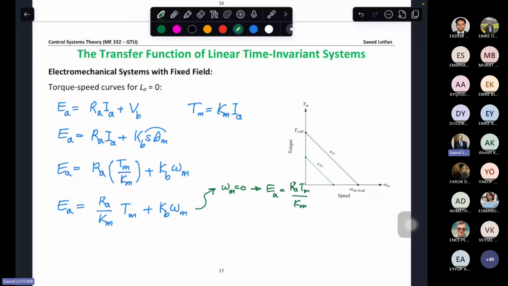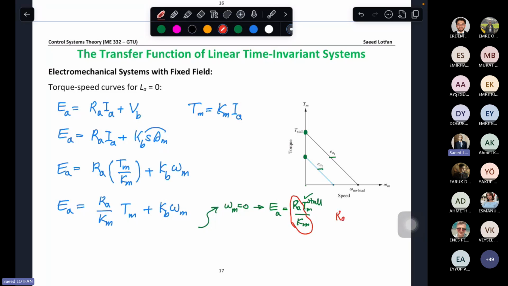So when omega is 0, what I read from these curves, for any E, is the T stall. Based on that, I can calculate this constant: RA over Km is equal to EA over T stall.